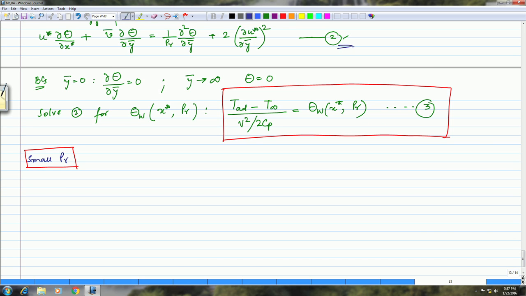What we're going to do is set theta bar by Prandtl number. If we do that, what we get is this. It's actually very interesting if you see this. Just simple playing around with the equation gives you interesting information.